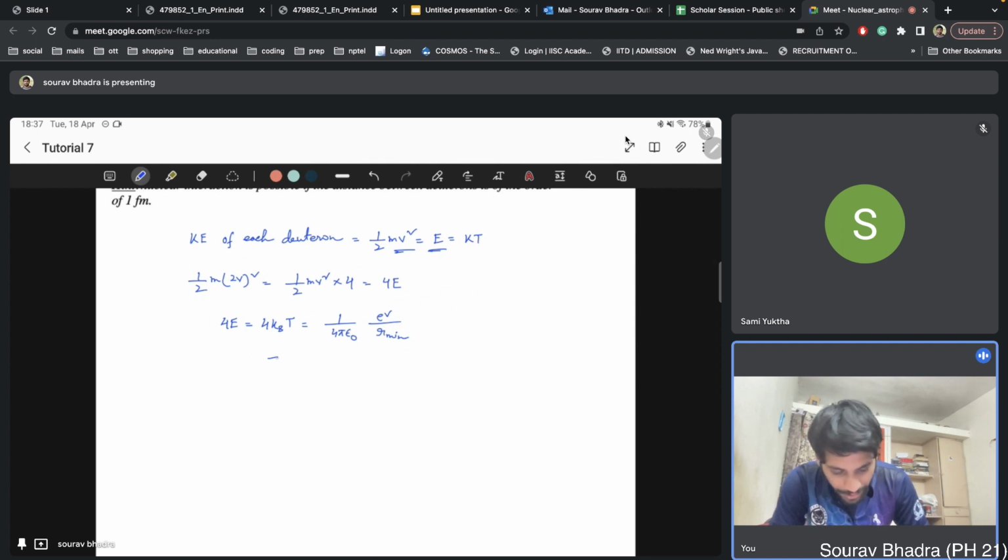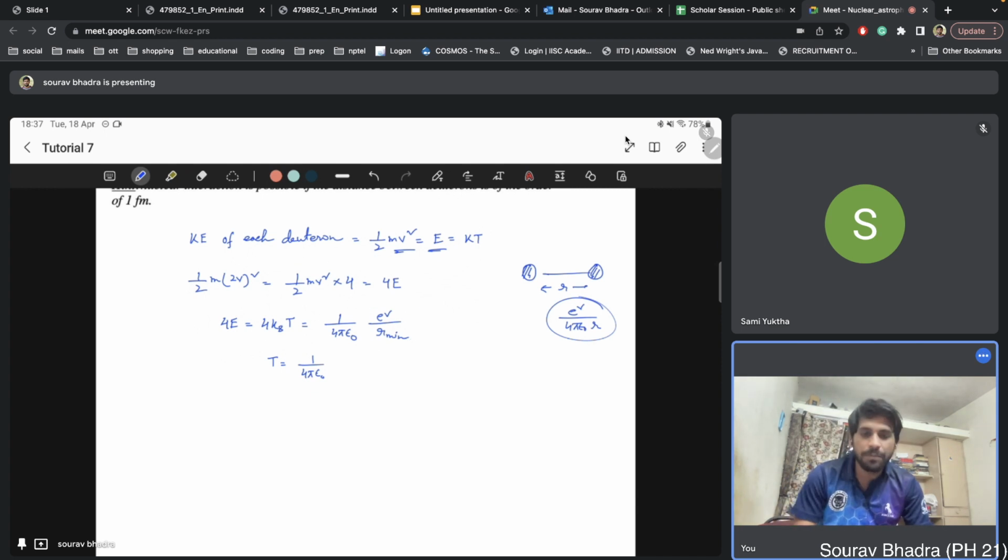So from here we can calculate T, which is 1 by 4 pi epsilon 0. If two deuterons are at a distance r, then the potential will be e square by 4 pi epsilon 0 r. That is the Coulomb barrier.